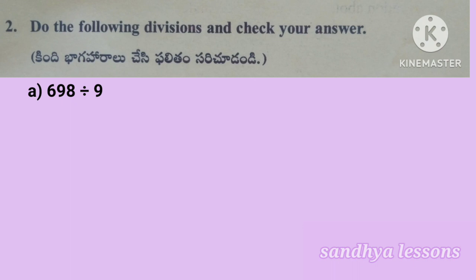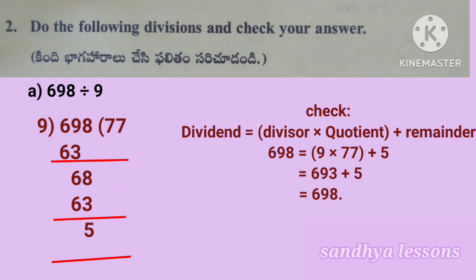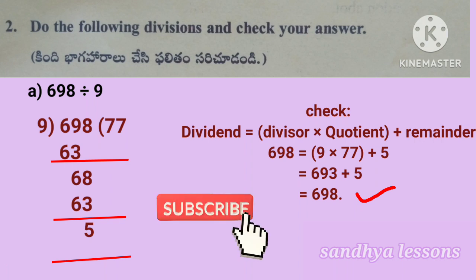Second Roman, do the following divisions and check your answer. A division 698 divided by 9. By dividing 698 with 9 we get quotient is equals to 77 and remainder is equals to 5. To check a division whether it is correct or not, we can use the formula dividend is equals to divisor into quotient plus remainder.